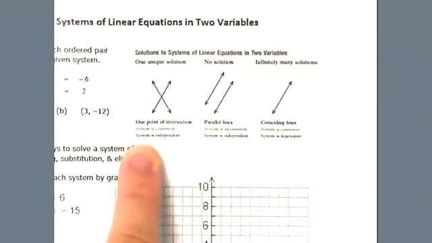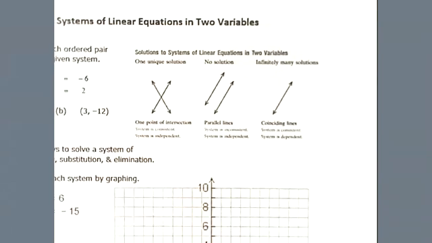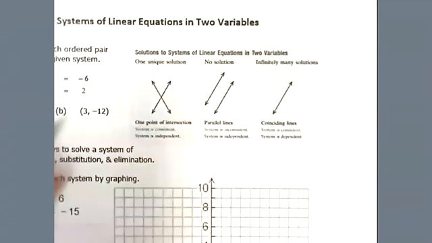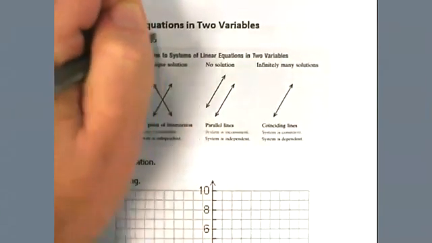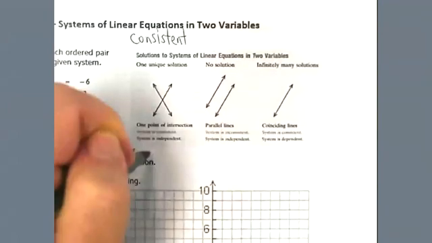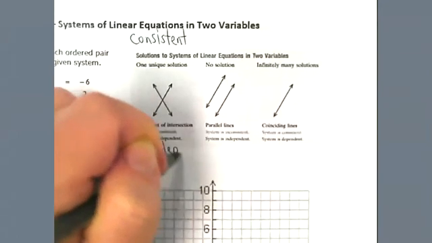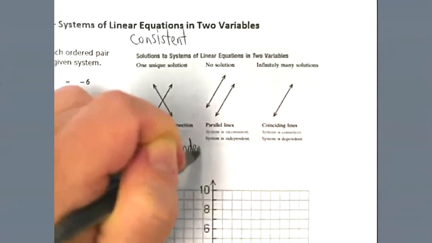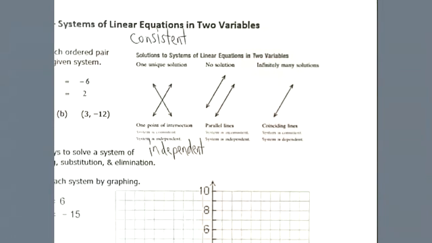And by the way, it's hard to read here, but you would label this system as consistent and also independent. So one solution is known as consistent and independent.